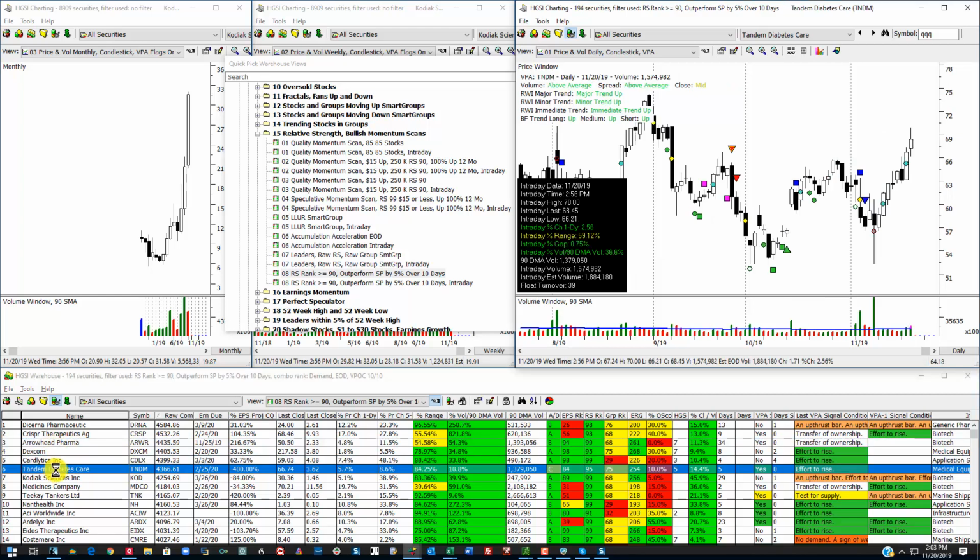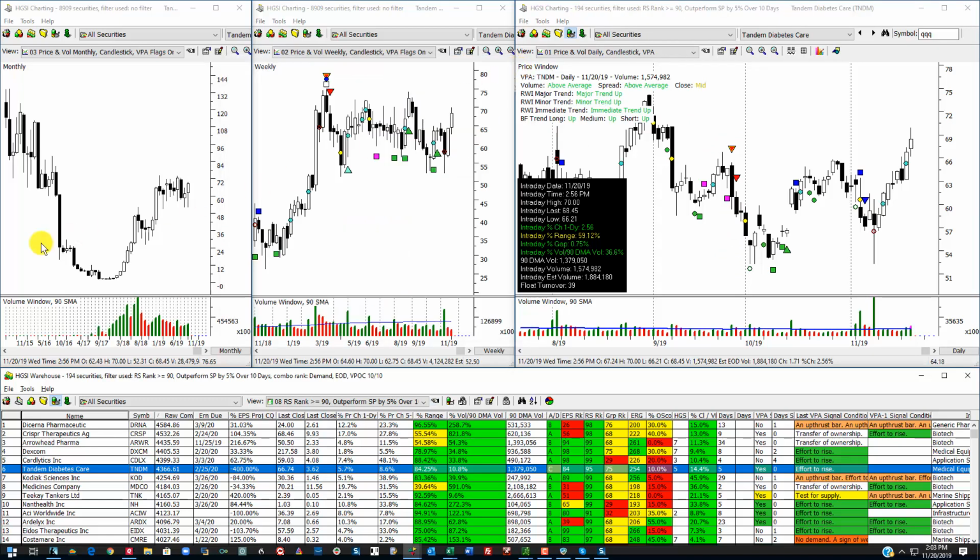Here's Tandem Diabetes Care, which has had a hard time breaking out. It had a huge run on the monthly chart, and it's been consolidating for a long time on the weekly chart. Every time it gets up here to resistance, it seems to pull back. But it's moving again, and it is outperforming the S&P.